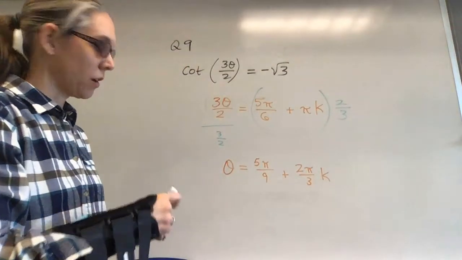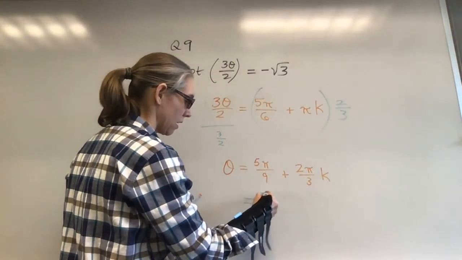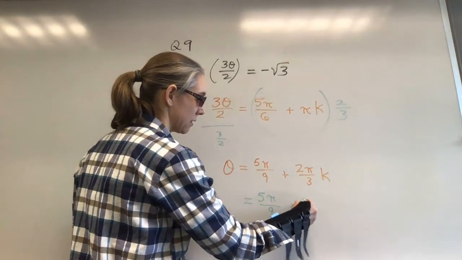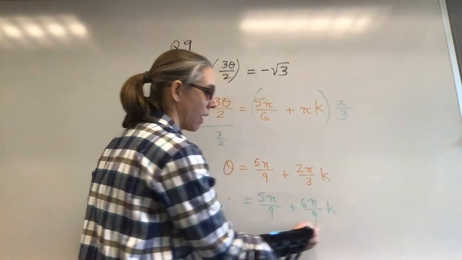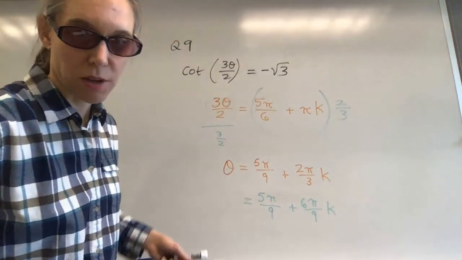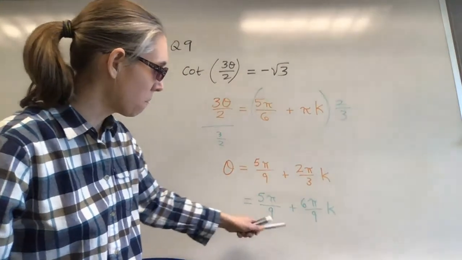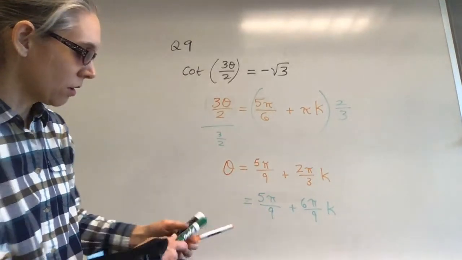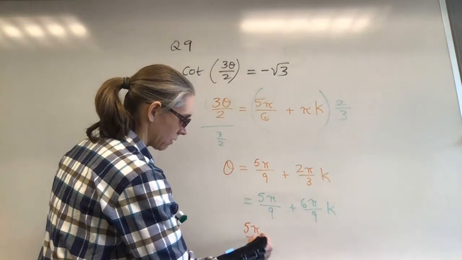Now, when you're actually generating solutions, you might find this helpful to think of this as 5 pi over 9 plus 6 pi over 9. It's a lot easier to add fractions with a common denominator, right? So I just rewrote 2 pi over 3 as 6 pi over 9. So I just need to add 6 ninths onto 5 ninths. So if you're generating a whole lot of the values, you would start with your 5 pi over 9.